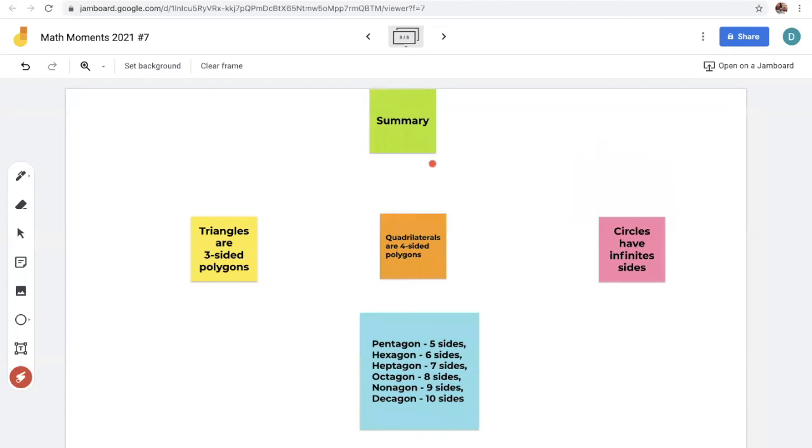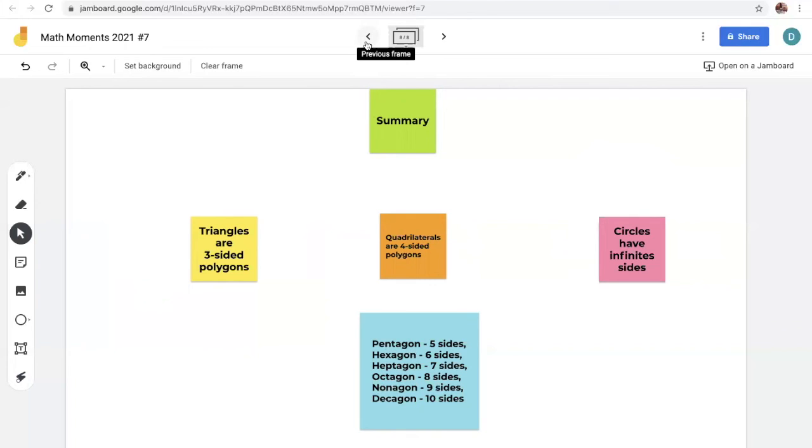So to summarize, triangles are three-sided polygons, quadrilaterals are four-sided polygons, circles have infinite sides, and then you can see I have a list of the pentagon, hexagon, heptagon, etc., with how many sides they have. The three-dimensional shapes, while important, are not as heavily emphasized in the middle school and high school curriculum.